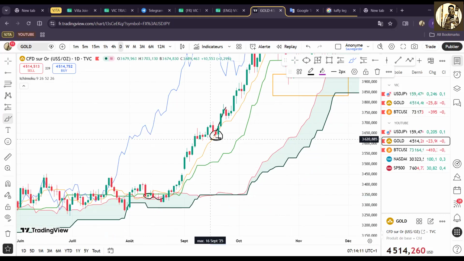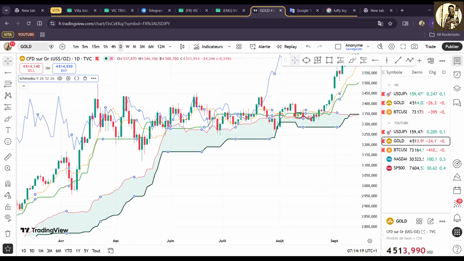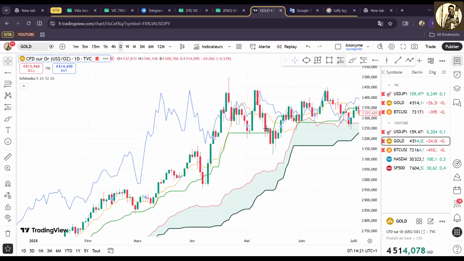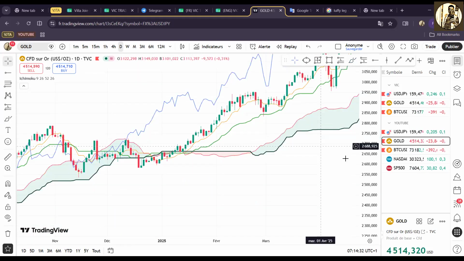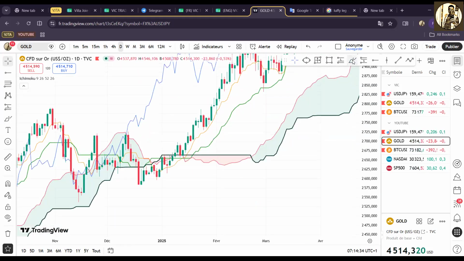But when the price touches Tenkan, the price doesn't go back below the low that touched Tenkan before going up. So Tenkan is a really good point, because look at Kijun. Sometimes when the price touches Kijun, the price goes below this low, then goes to the upside. Tenkan is a very powerful moment to buy.